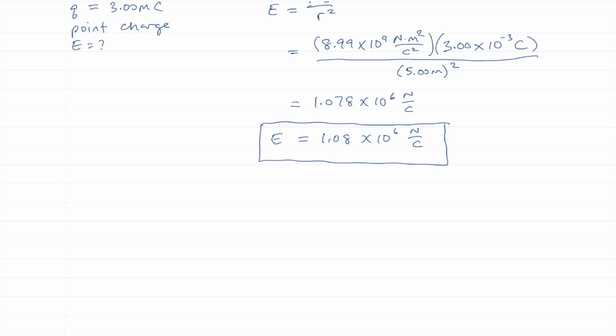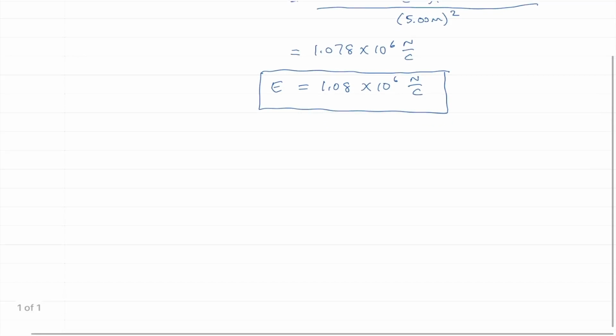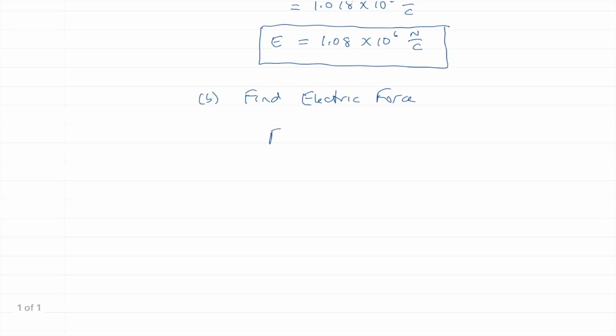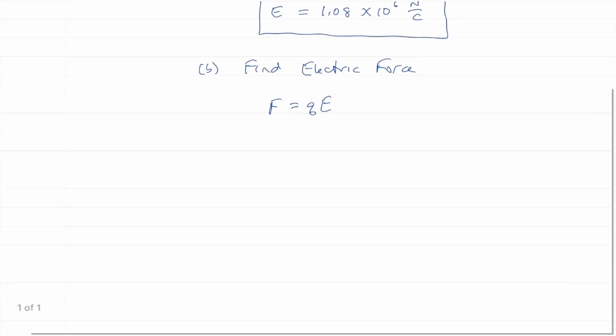Okay, now part B, we need to find the electric force that this field puts on another charge. So let's put first, find electric force. Okay, so we can use the force is the charge multiplied by the electric field it's sitting in.